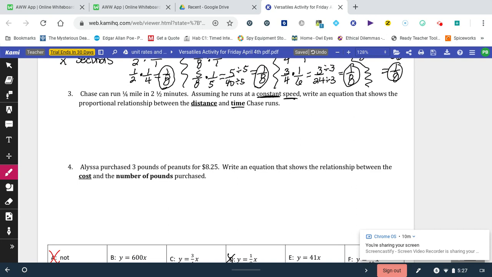So to note, because it says the speed is constant, the relationship is automatically proportional.